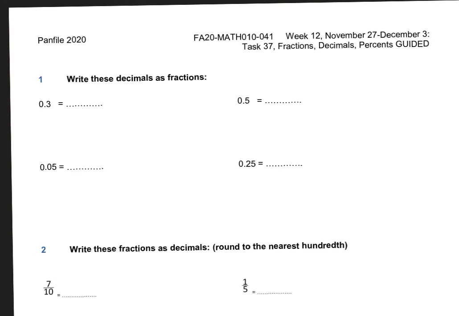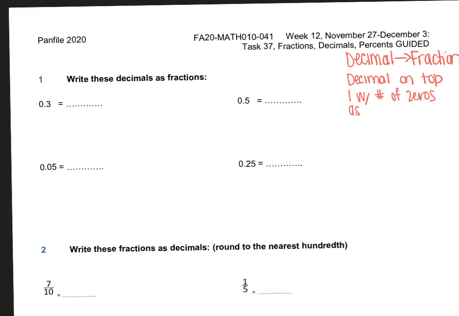All right, so if we are going from decimal to fraction, we have done this before. All right, and what we want to do is we want to put the decimal on top, and a one with the number of zeros as decimals there are.